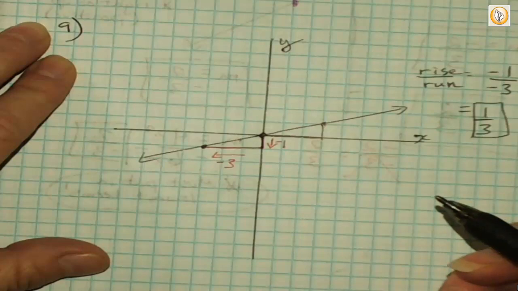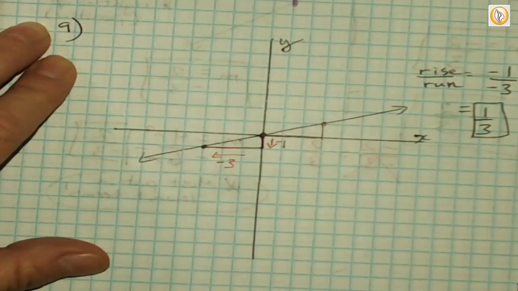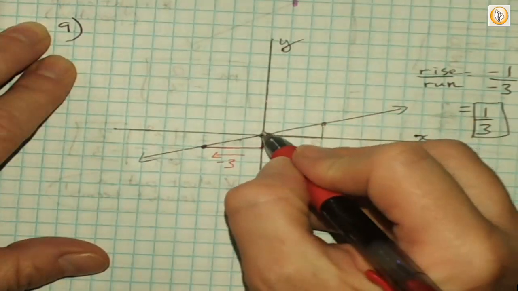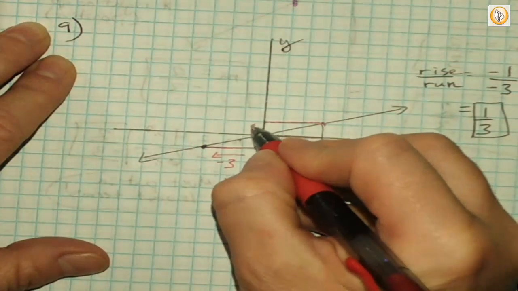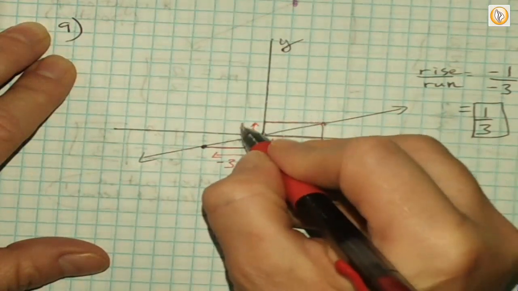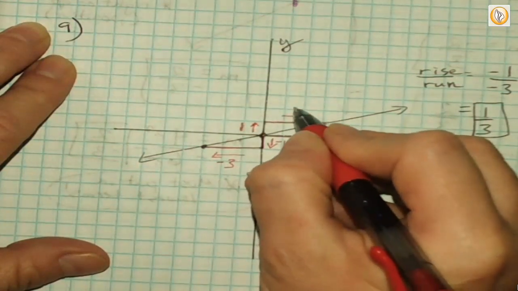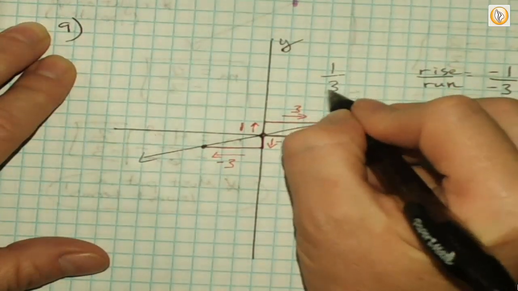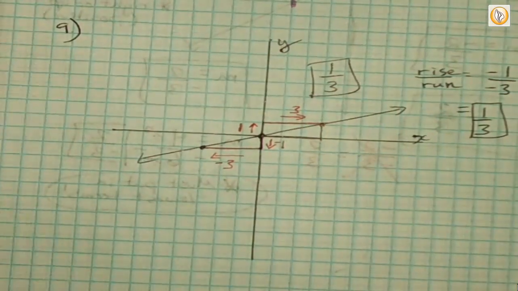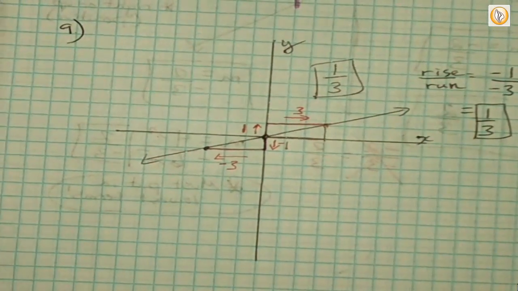But you could have gone up 1 and over to the right 3, right? Exactly. So Matthew said we could have gone up 1 and right 3. So up 1, that'd be positive, and then right 3. Again, it would be positive 1/3. As long as you do your up and down first, you got it going on. Any questions about that?